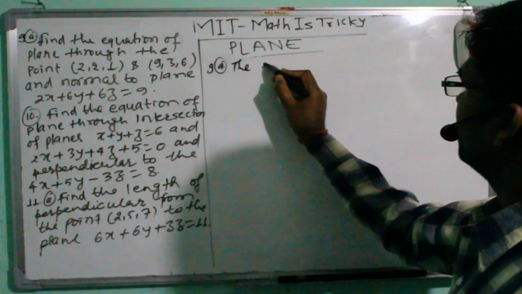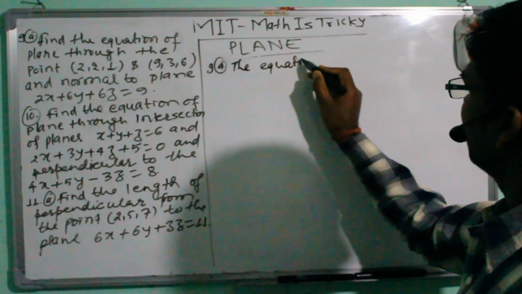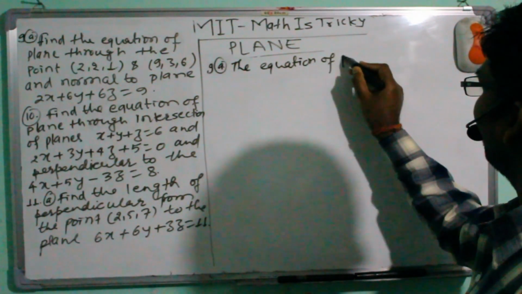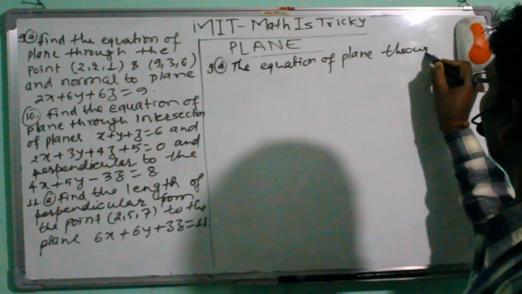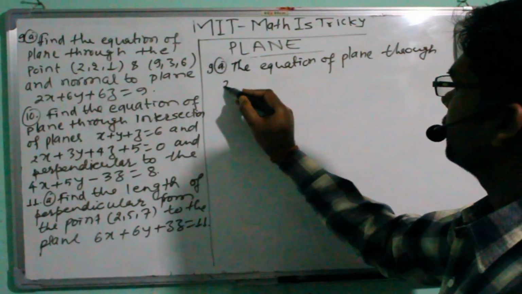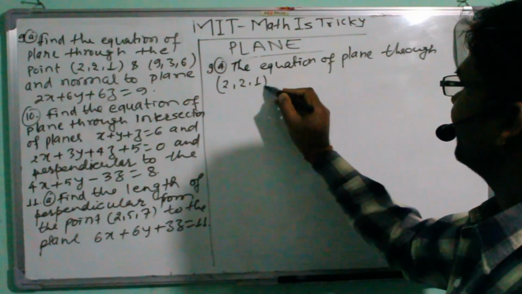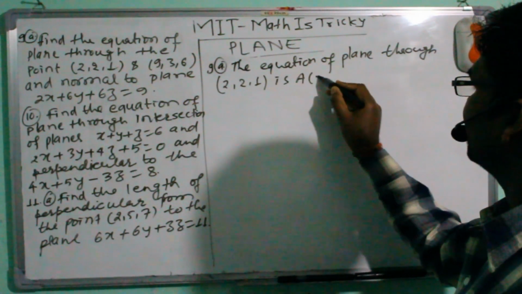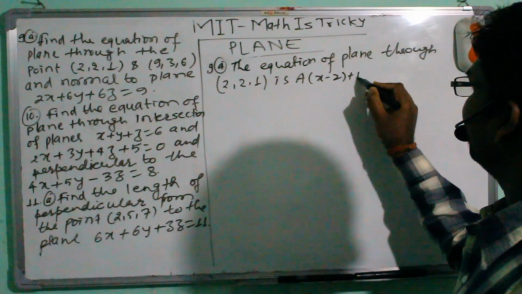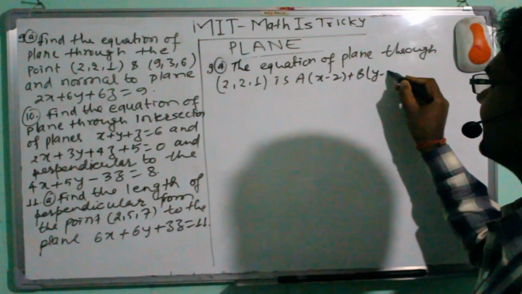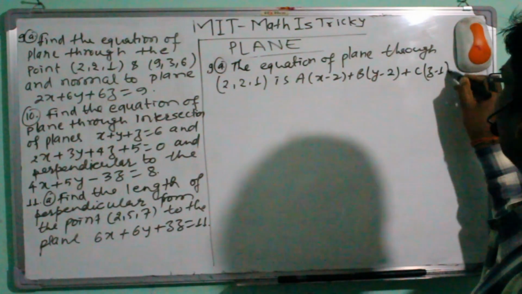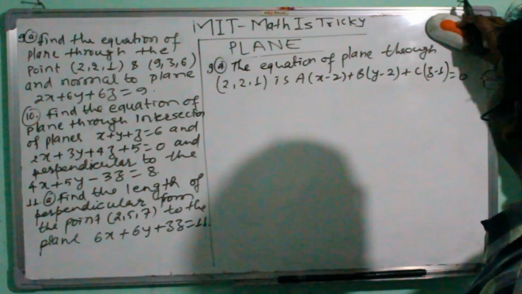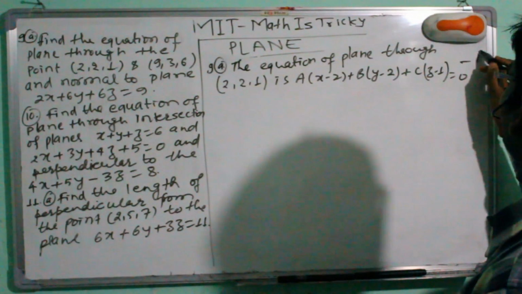The equation of plane through 2, 2, 1 is a times x minus 2, b times y minus 2, c times z minus 1 equals 0. Let it be equation 1.